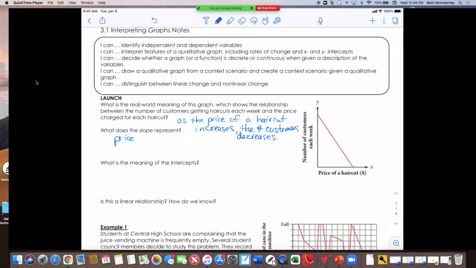Yes, it's the price of a haircut over the number of customers per week. Oh wait, don't I have that backwards?